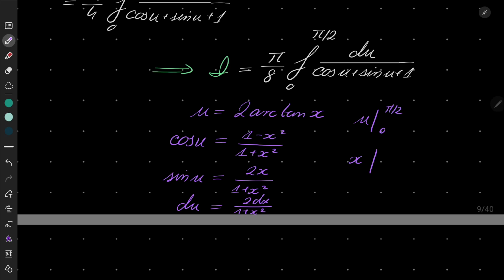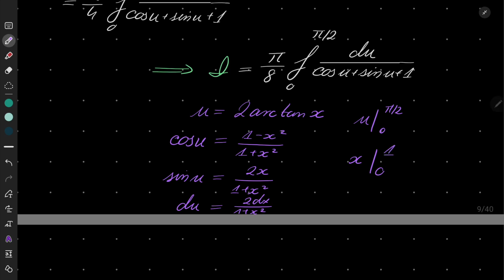Well, let's see. If I put u to be 0, arctangent of x equals 0 for x equals 0, very well. And if I put u to be pi over 2, arctangent of x equals pi over 4. And we know that tangent of pi over 4 is 1.